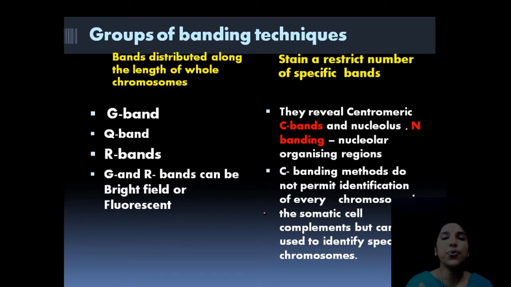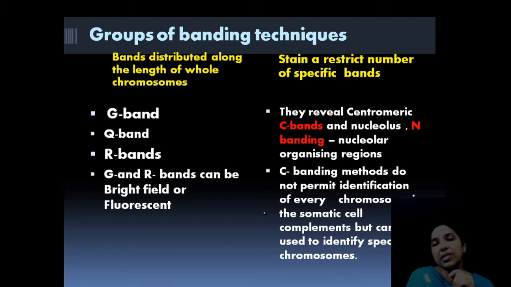So, there are two main groups of banding techniques. Banding techniques are mainly based on the region specificity or on all the chromosomes, based on the stain applied. There are two categories: bands distributed along the length of the whole chromosome, or you can stain only a restricted number of specific bands, that is, only special regions.